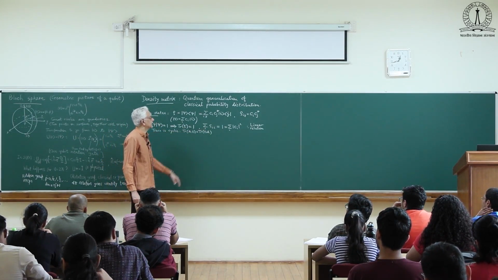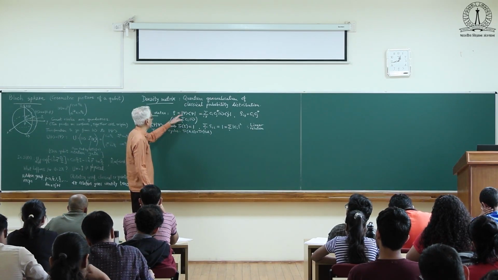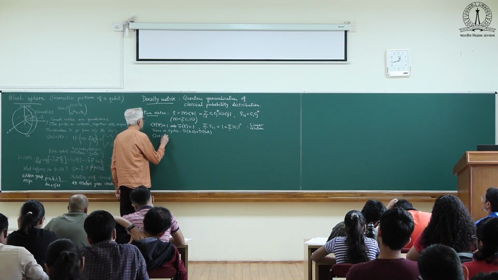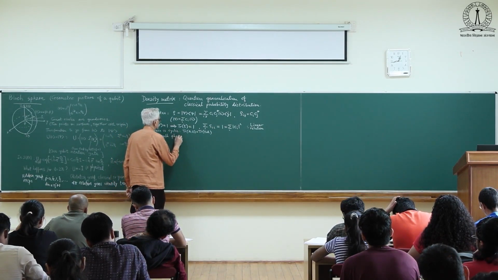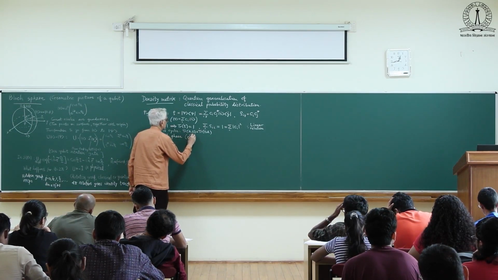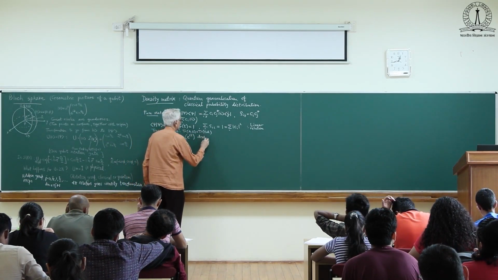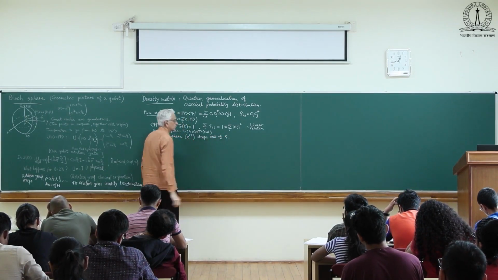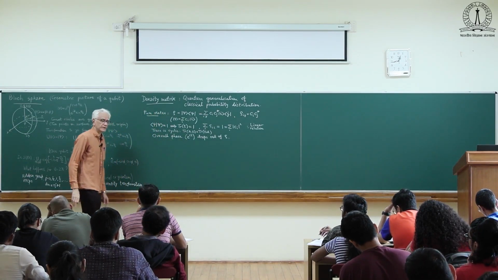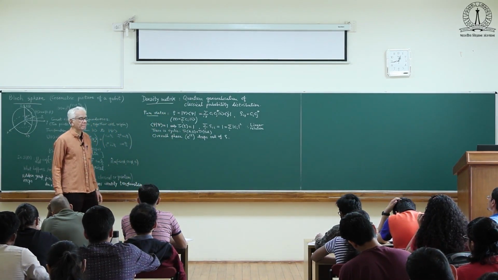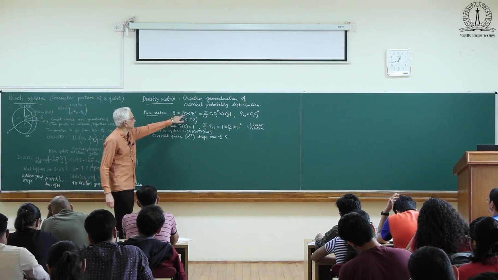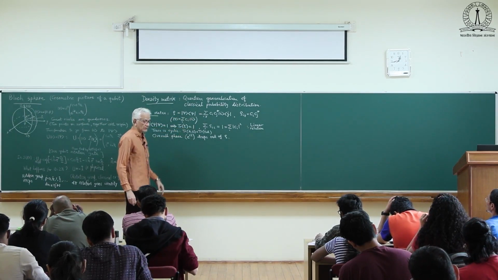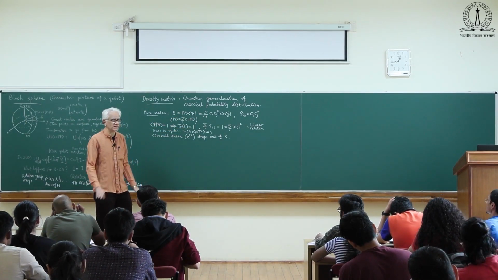But this is not the only thing which has happened in this definition. The overall phase disappears because of this structure. One of them will have e raised to i delta, the other one will have the complex conjugate, e raised to minus i delta, and it's gone.